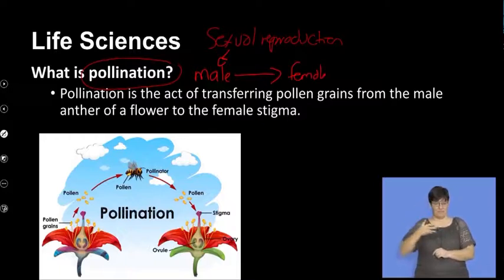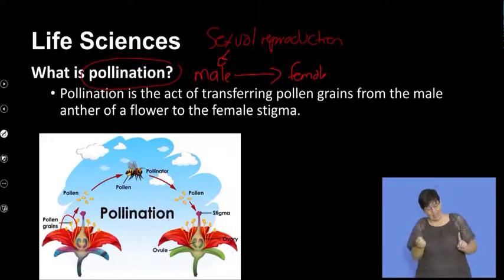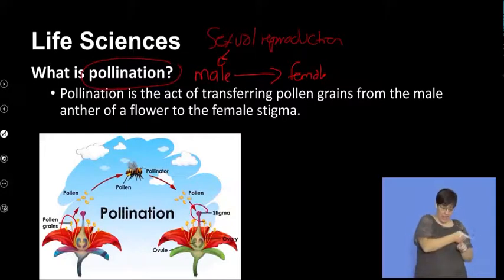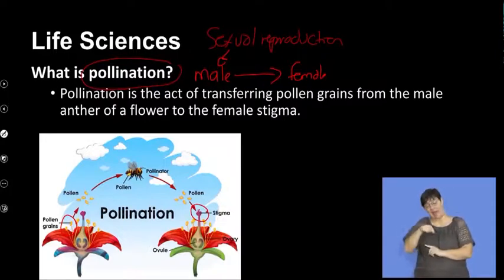And that's exactly what's going to happen here. So look at my diagram. Here's my male pollen. I want to get him to another flower, preferably. So I need to get the pollen from the male, and I want it to land on the sticky stigma of another flower. That process is called pollination.